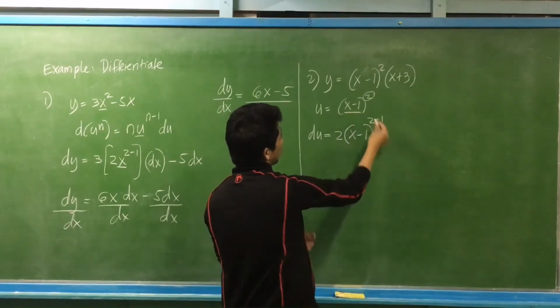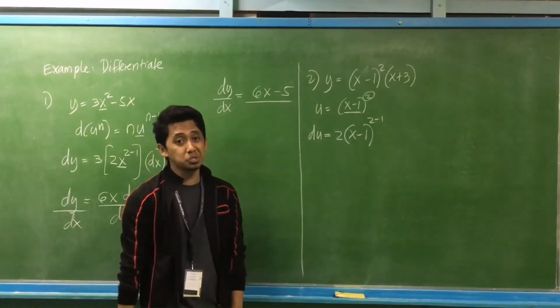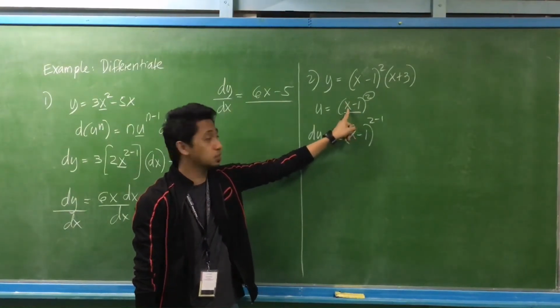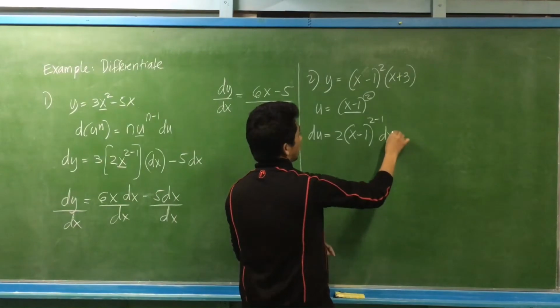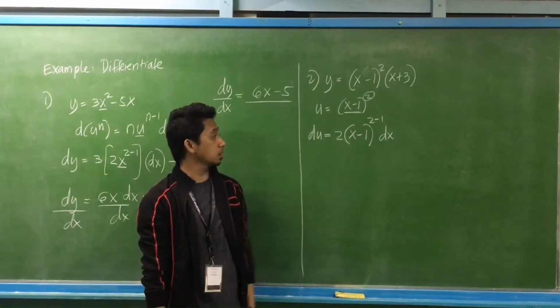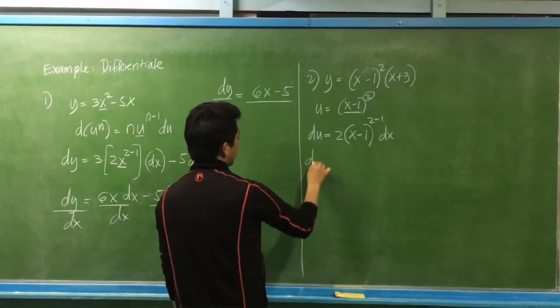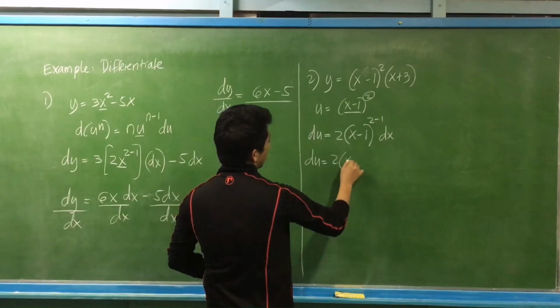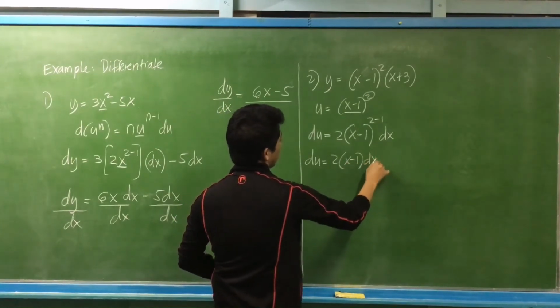Then determine the derivative of x minus 1. What is the derivative of x minus 1? So x minus 1, derivative of x is dx. Derivative of 1, that is a constant, that is 0. So we have the equivalent of du now is equal to simply twice of x minus 1 dx.